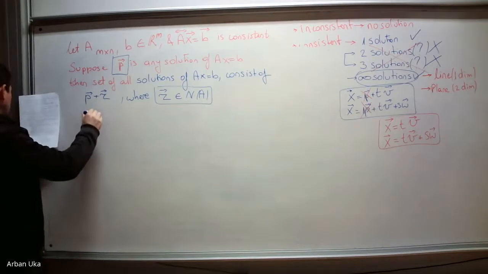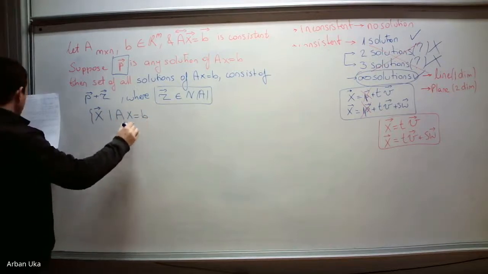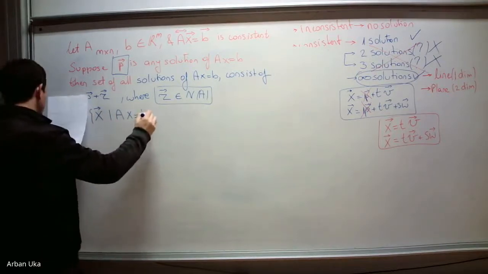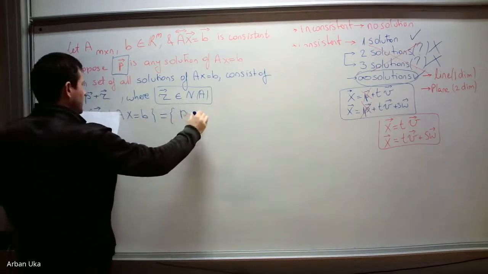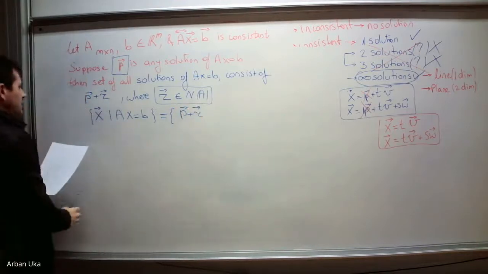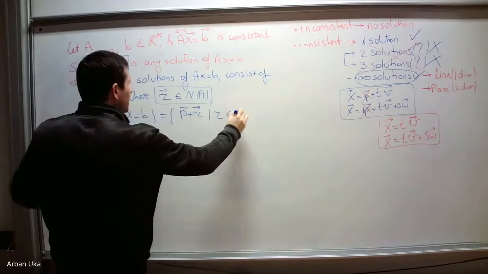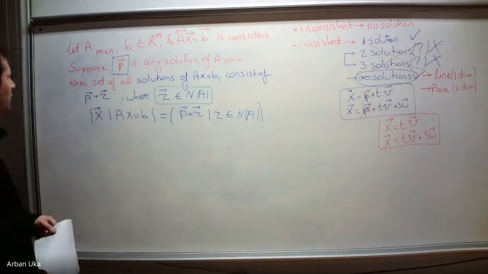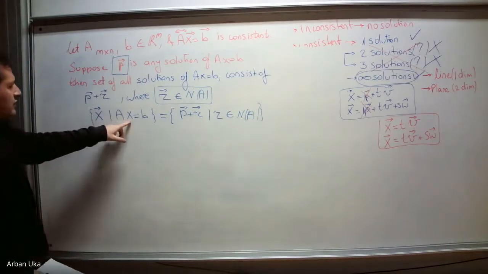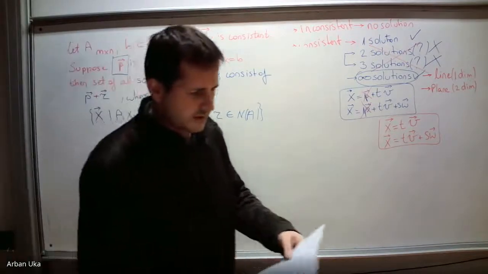Mathematically, we can report it like this: X such that Ax equals B is equal to P plus Z, where P and Z are both vectors, and Z is an element of the null space of A. So X, which is a solution of this, is equal to P plus Z, where Z is an element of the null space of A.